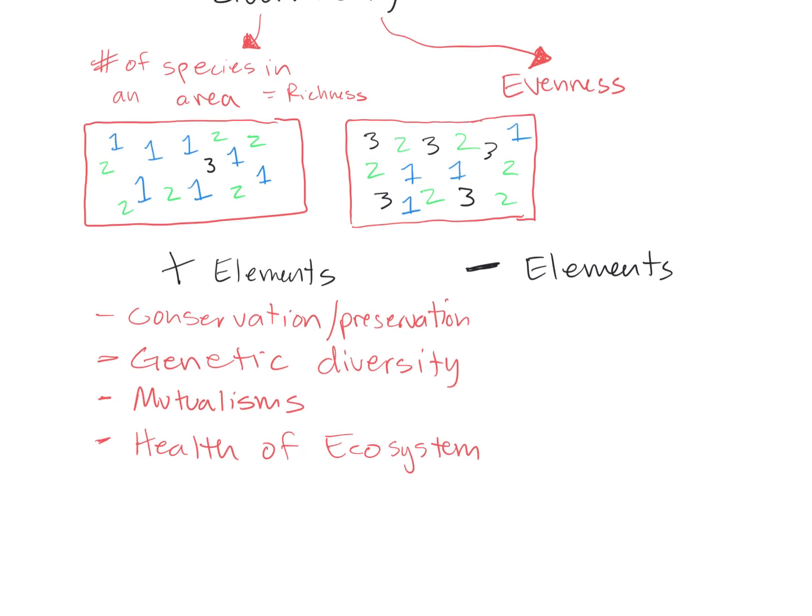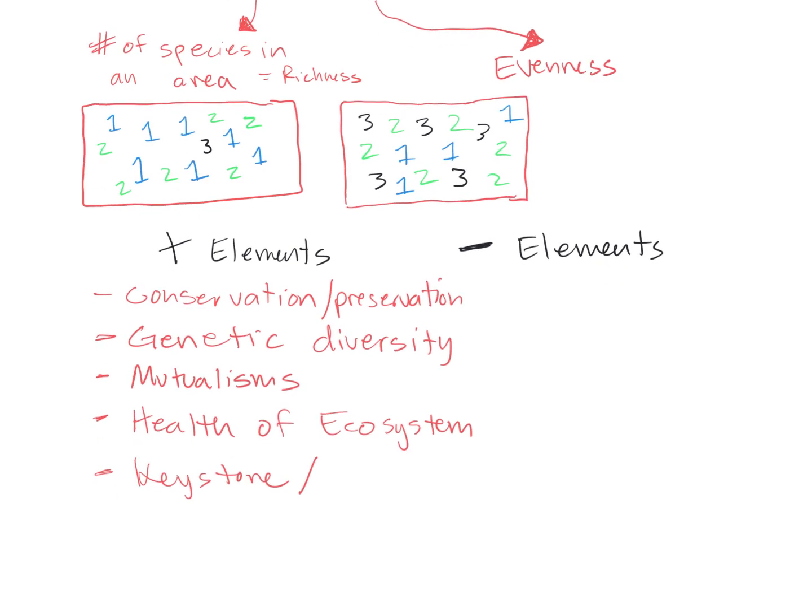All right, let's also add keystone or dominant species. So again, in the video it mentioned if one little butterfly goes extinct, it's probably not going to cause the whole forest to collapse in its ecosystem.